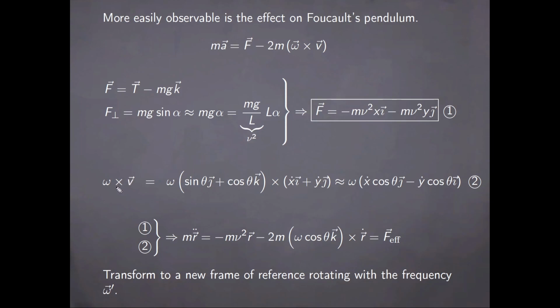Now, the cross product between these, so there needs to be an arrow here. The cross product between the angular velocity of the Earth and the velocity of the moving pendulum can be expanded as shown here, and again neglecting vertical components due to their small values compared with the gravitational acceleration, we find the expansion here.